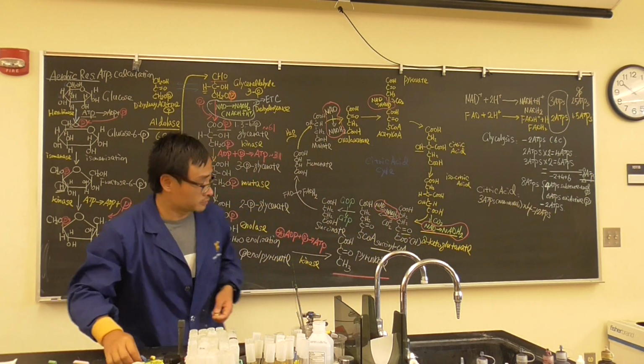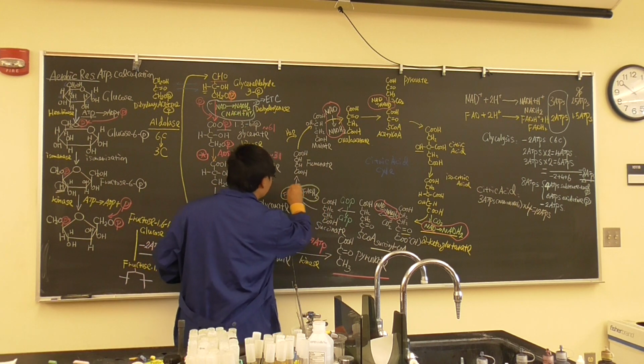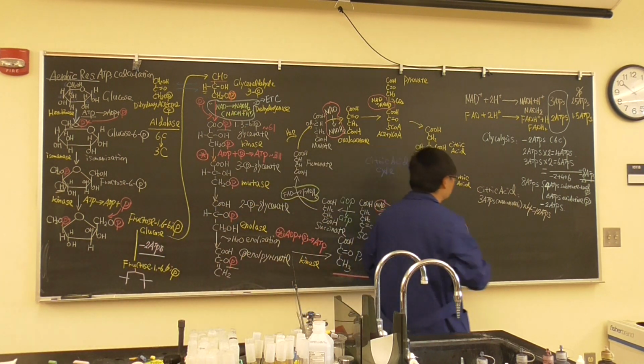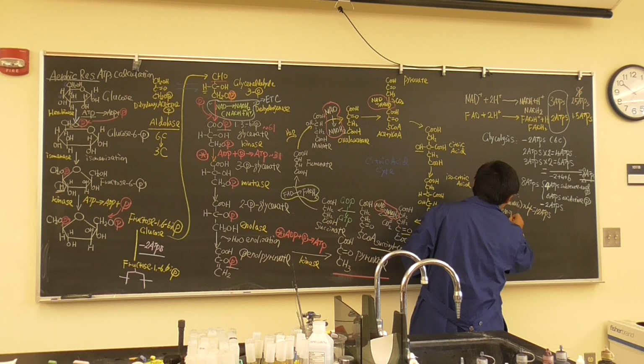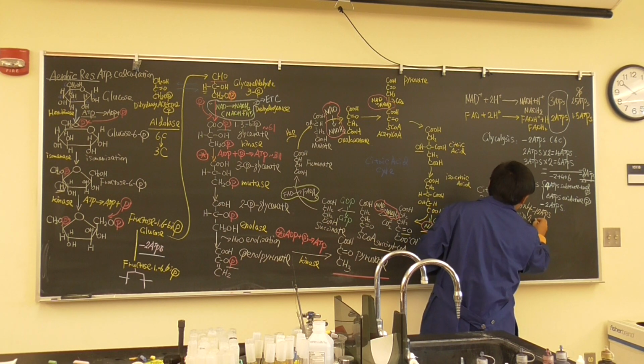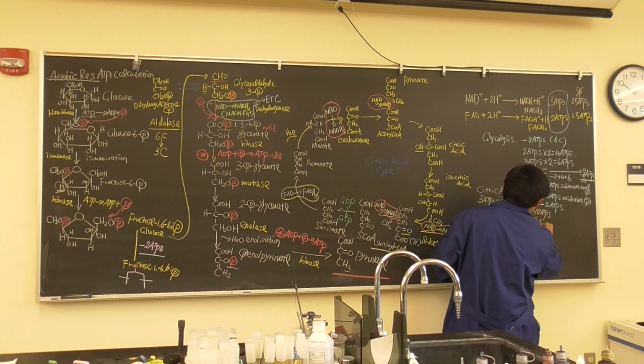What else are we missing? FAD reduced to FADH2 has 2 ATPs generated. So how many? 2 ATPs generated through FAD reduced to FADH2. Multiply by 2. Sorry, only 1. That equals 2 ATPs.